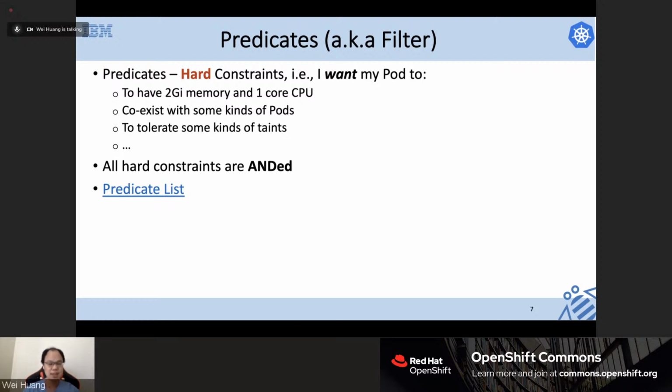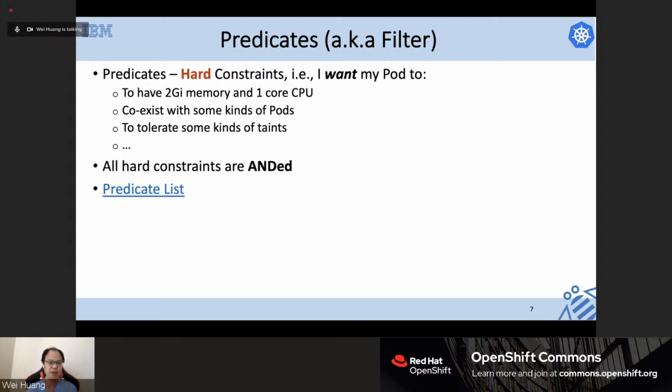So predicates are hard constraints that you apply to your workload spec. For example, you may say, I want my pod to have 2 GB memory and 1 core CPU. If there's no node that fits, then just leave my pod hanging there. I don't do anything else. So this is the hard constraint.